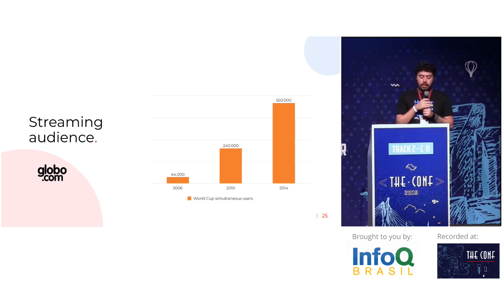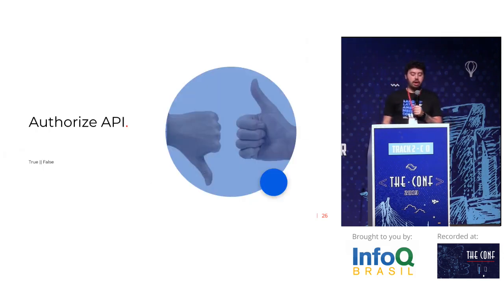So we started working on our authorization API. This project has a single responsibility: receive a video, receive a user, and decide if the user can watch this video.